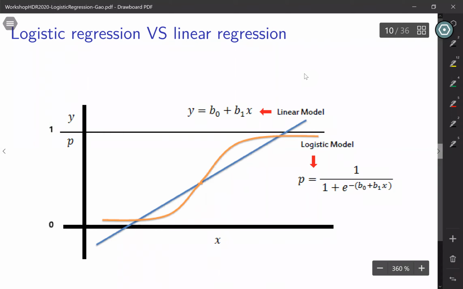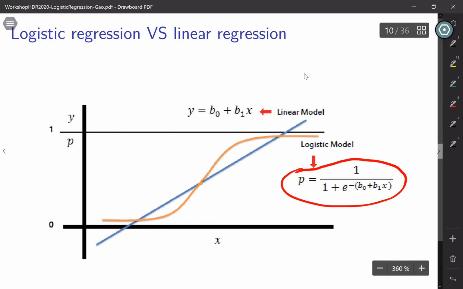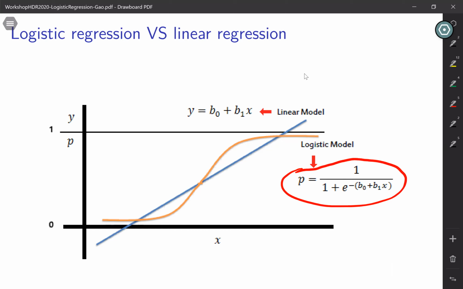Why is it nonlinear? Because if you use a math equation to represent this y on the y-axis, this y is 1 over 1 plus e to this, right? So obviously this is a nonlinear relationship. That's the big difference between the logistic regression and the linear regression, if you use a graph to show the difference between the outcomes, right?